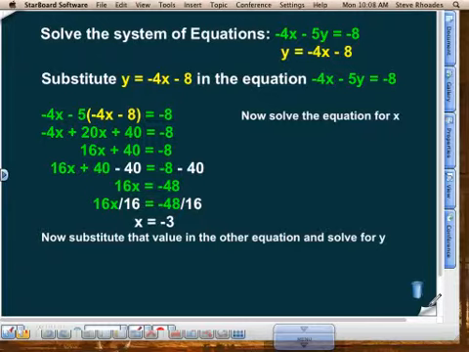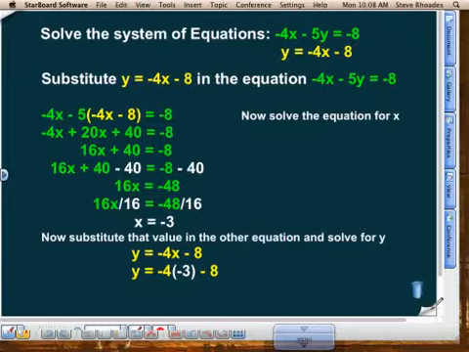All right, now we take this negative 3 and we're going to put it right inside there to figure out what y is. All right, so negative 3 times negative 4 is positive 12.